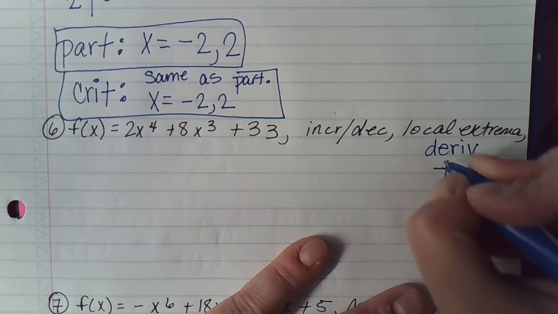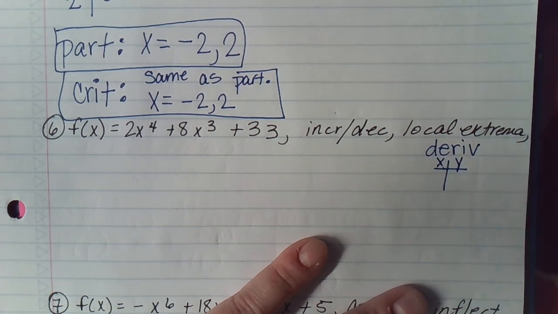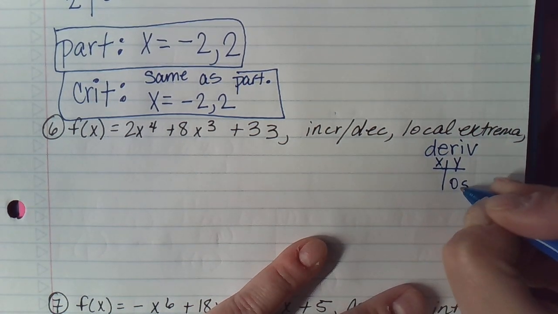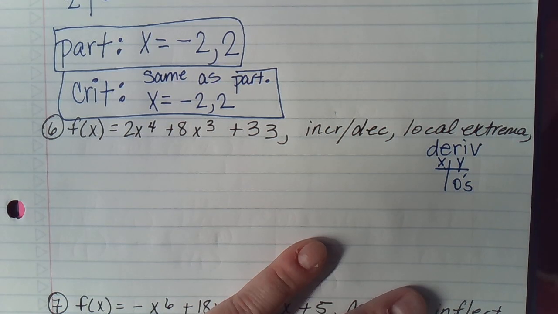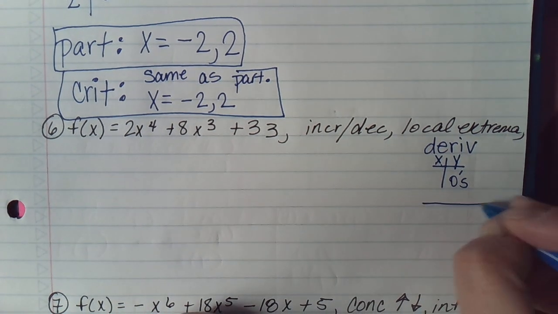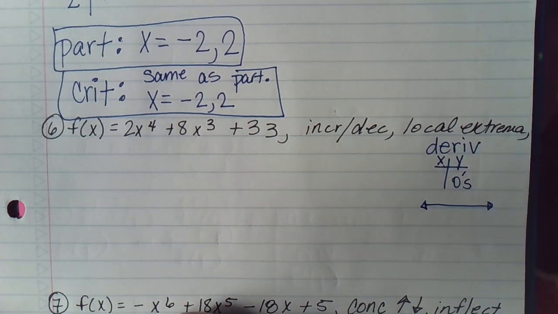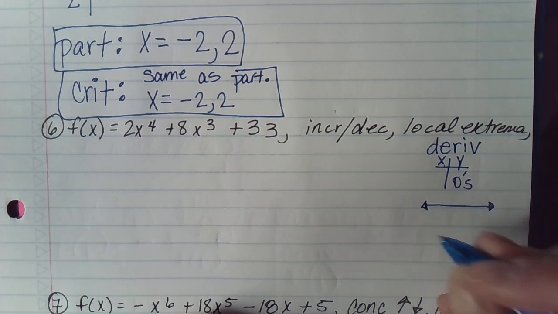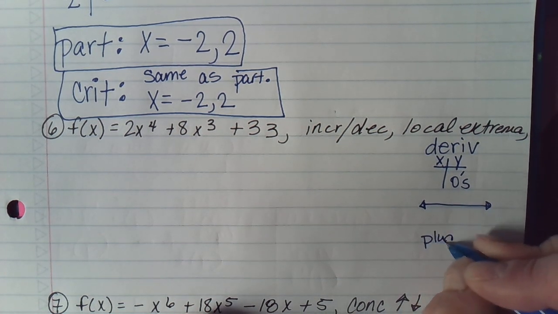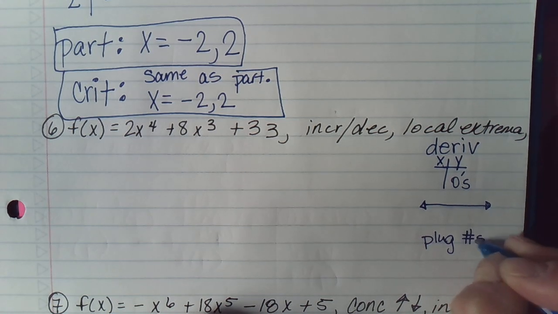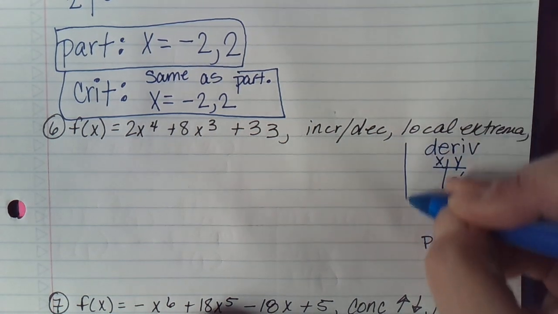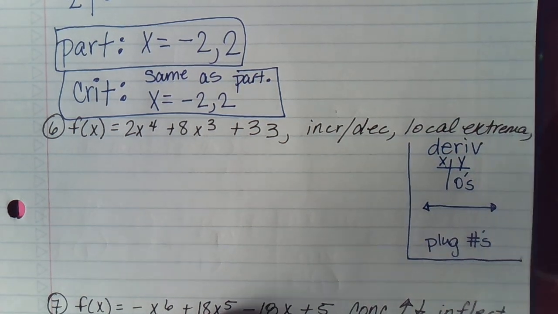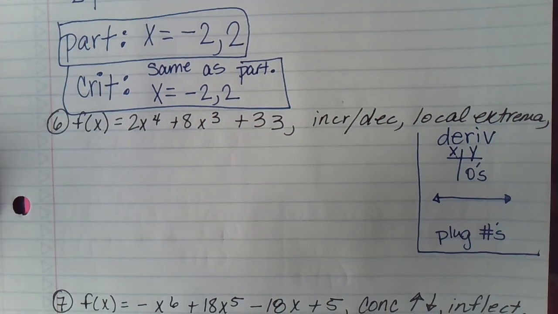Number 2, look in our T-chart for zeros in the y's. Then we need to make a number line. Then we need to plug numbers in. Okay, let's go for it.